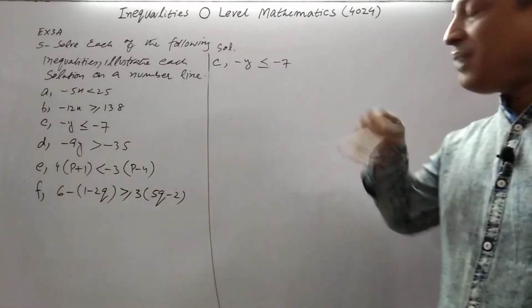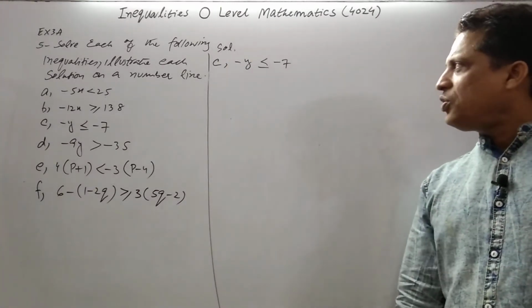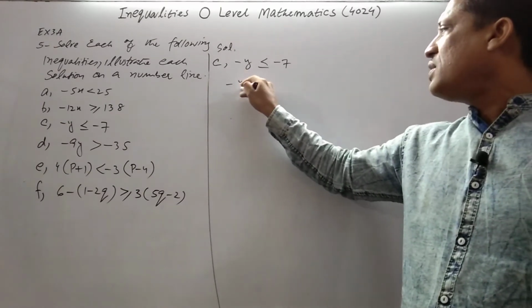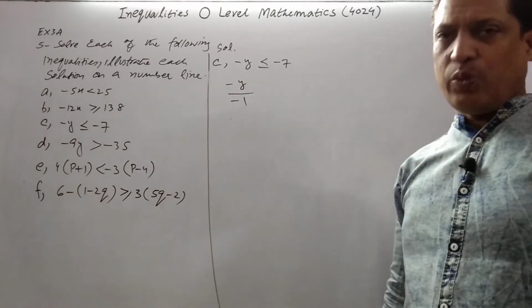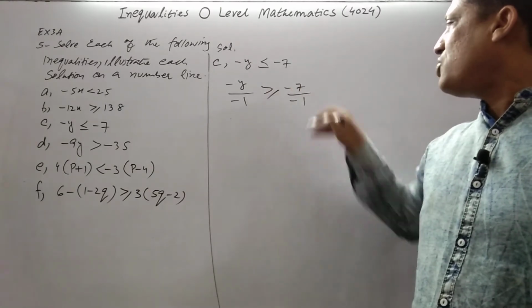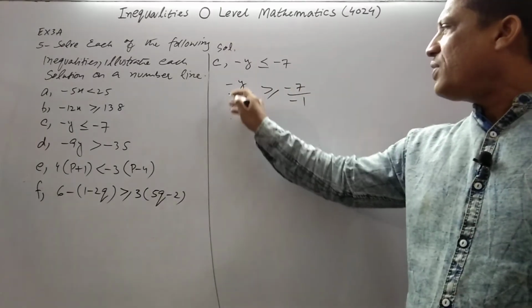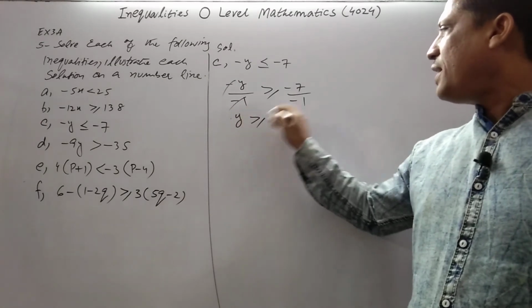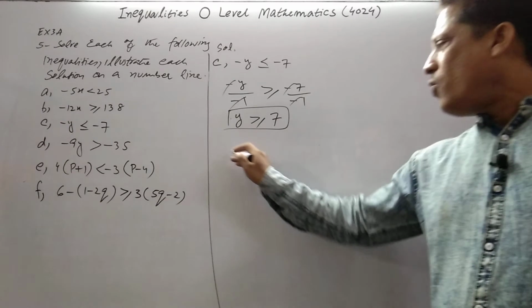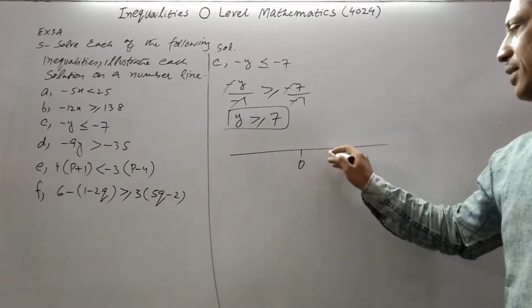Again, this is minus y and we want to shift this minus sign to the other side. So we must divide by minus 1 on both sides. Therefore, the sign of inequality should be changed. Minus cancels minus, y greater than or equal to 7. The answer is 7.